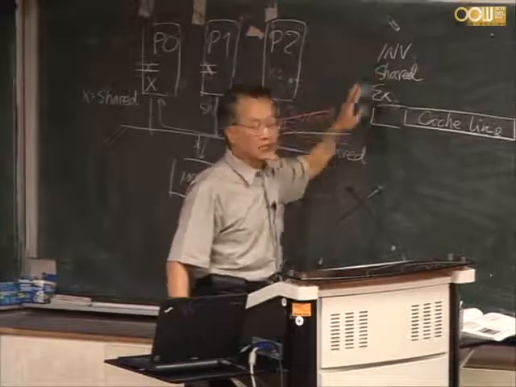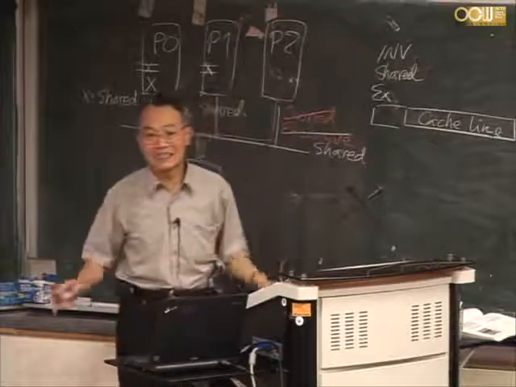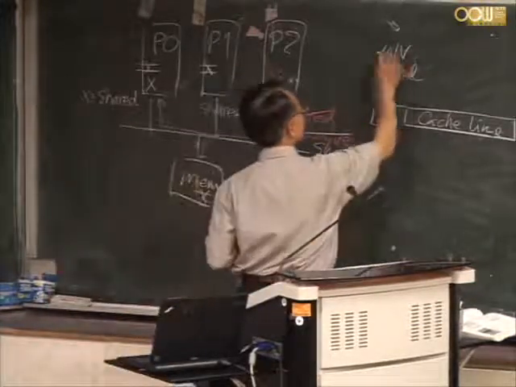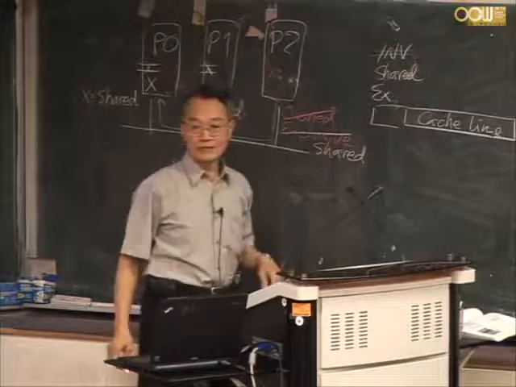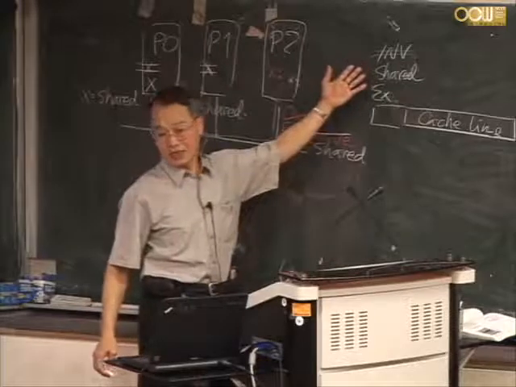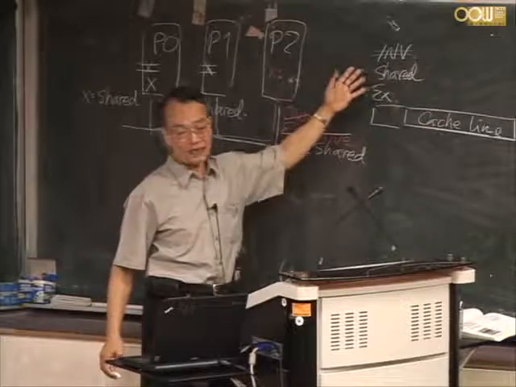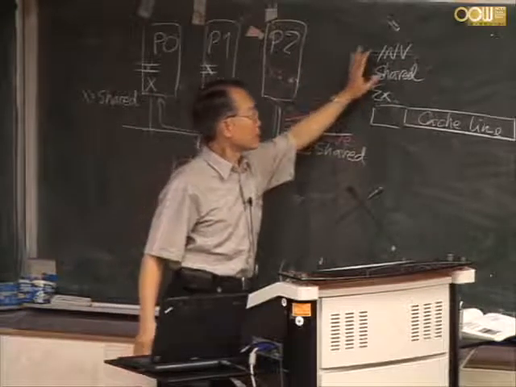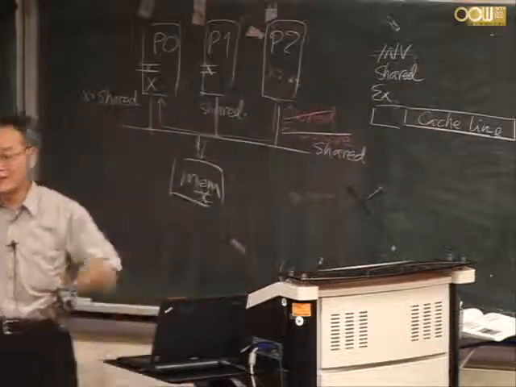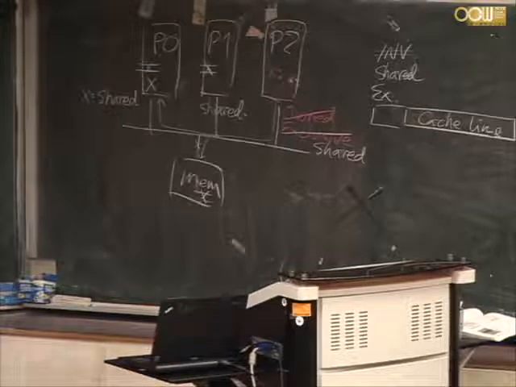And invalid actually means it doesn't exist in the cache. So there's really no such a state. It's just for illustration purposes. In fact, in the cache, no way you can mark a cache line as being invalid. It just doesn't exist in the cache.